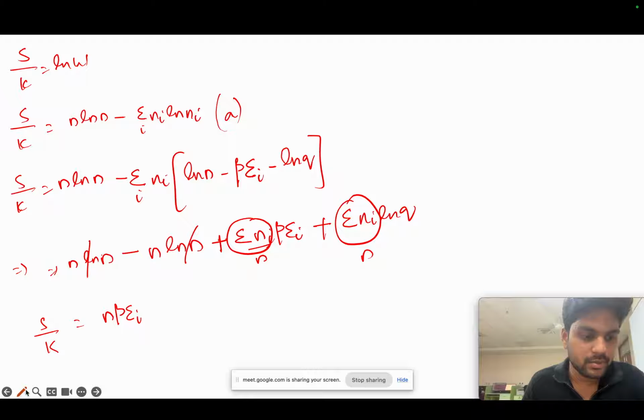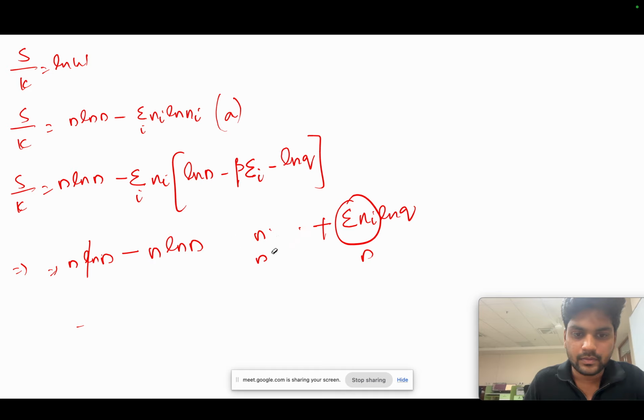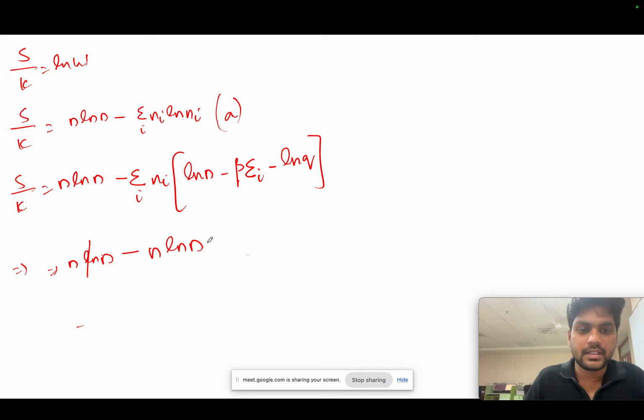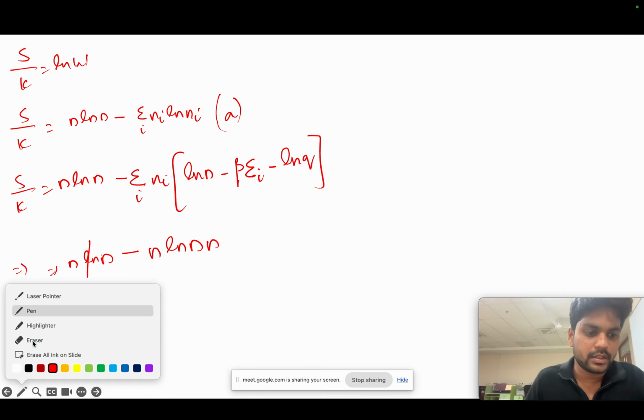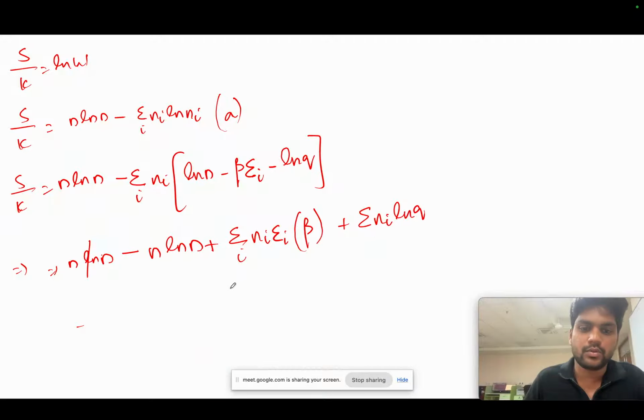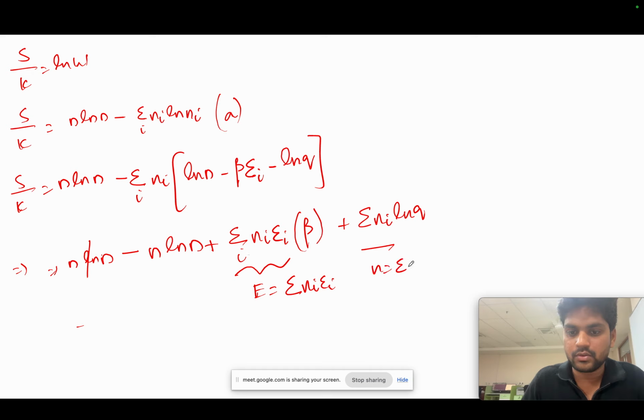Sorry, I made a mistake. What I am doing is writing this as N ln N. Here we have sigma Ni epsilon i into beta, plus sigma Ni ln Q. We know this is the total energy, and N equals sigma Ni.